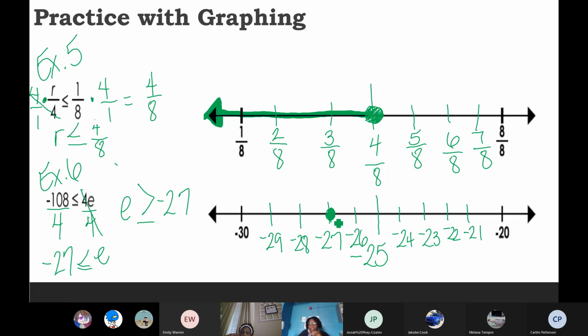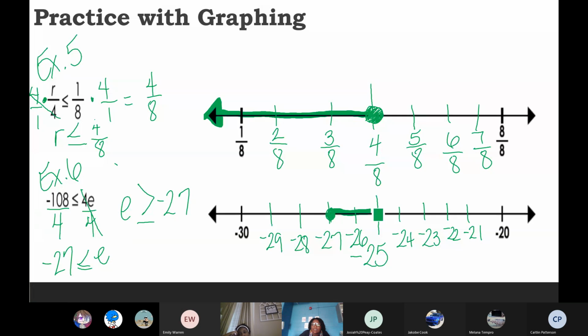Let's think of it like this. Before we shade in which direction, think about your bank account. Would you want to owe the bank $30 or would you want to owe the bank $26? Which one is better? 26, they'd eventually take the rest because of taxes. You are correct.